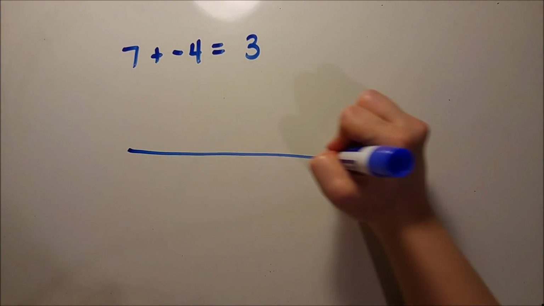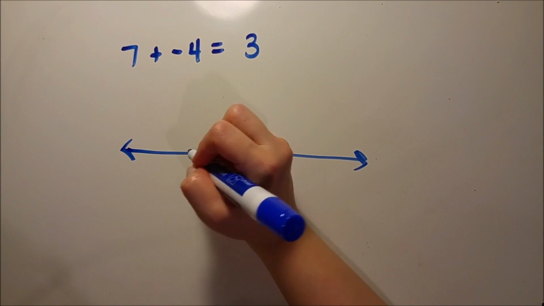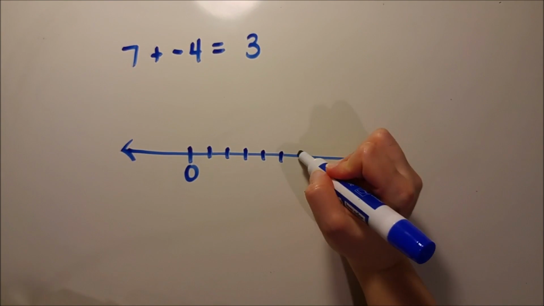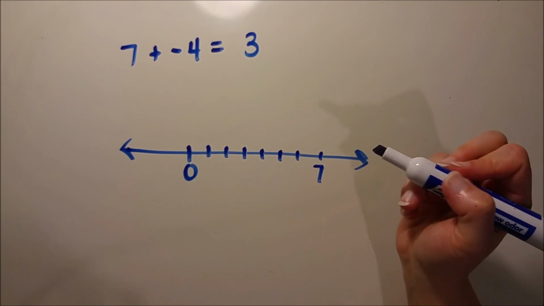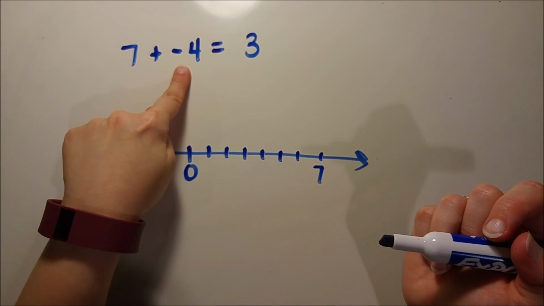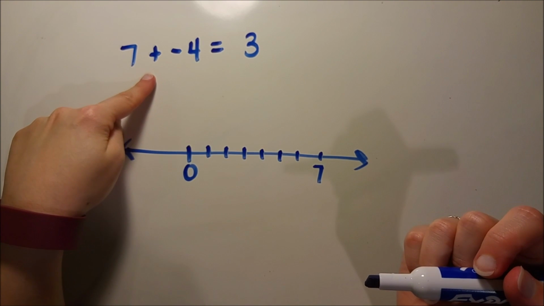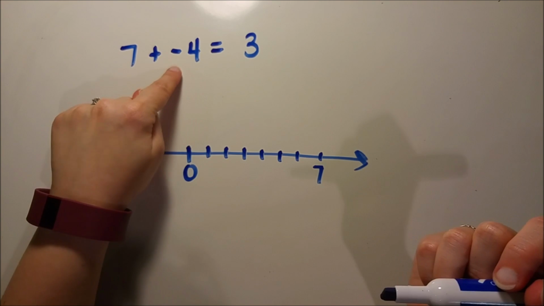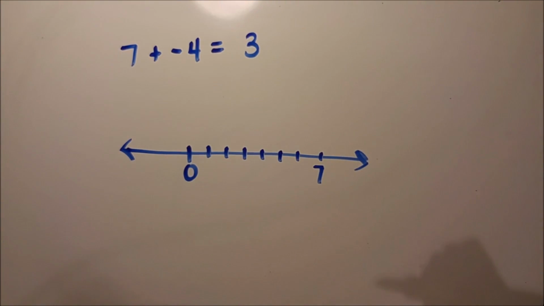Okay, so again, let's think of it this way. Here's our 0. 1, 2, 3, 4, 5, 6. There's 7. -4. Now we are adding. This is negative. You're getting rid of 4.